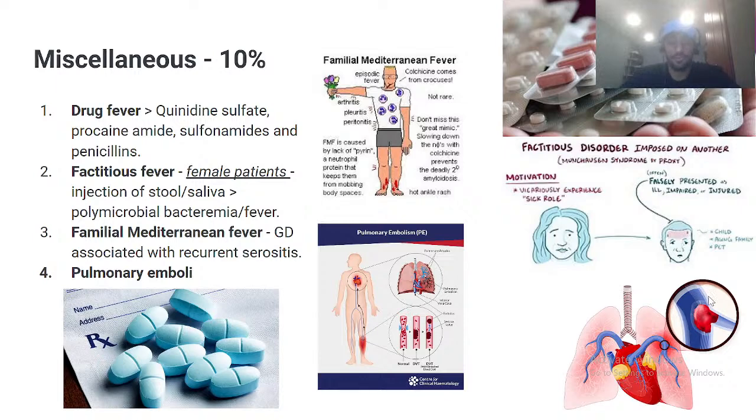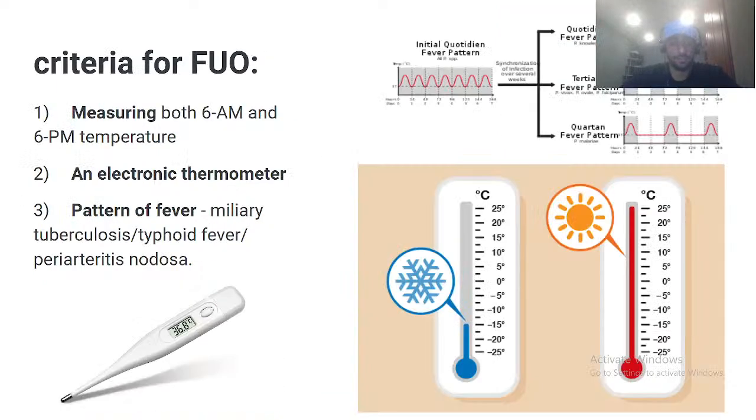So we have to make a lot of examinations and so on. So the criteria for fever of unknown origin: first, we have to recommend for the patient to measure both the 6 a.m. and the 6 p.m. temperature, and an electronic thermometer always should be recommended to exclude any other causes of fever.